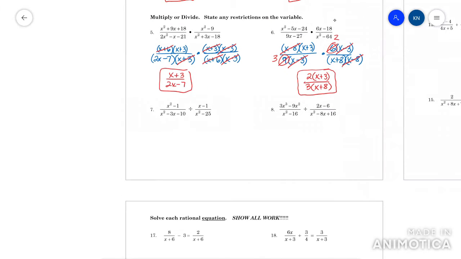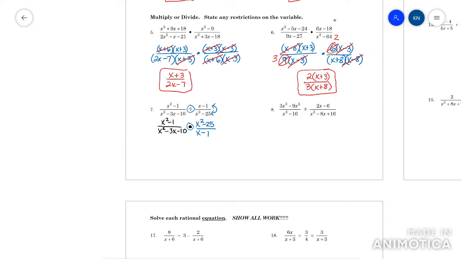Okay, next up. Now we hit the divides. When you have a divide, you're going to want to flip the fraction on the right. And so the problem really should look like this. Now it becomes a times, and this fraction on the right flips. And then once you get it to here, it's the exact same as the ones we were just doing.